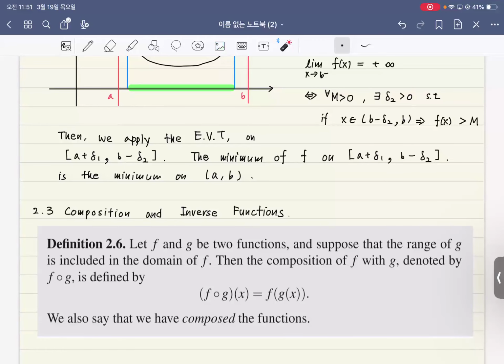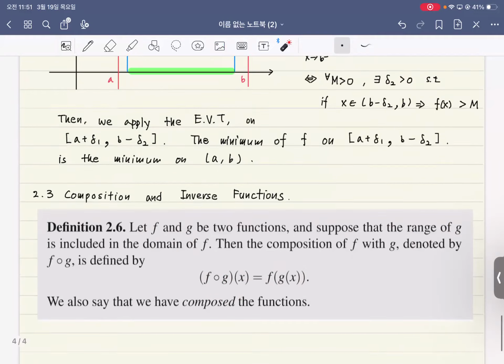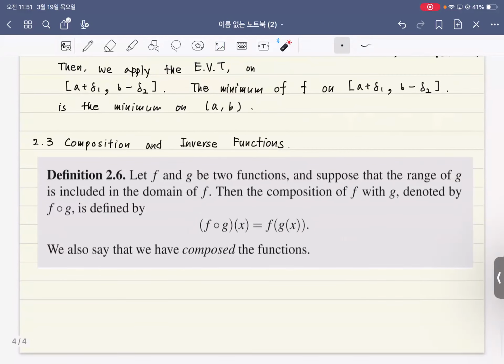I have two functions, f and g, and suppose that the range of g is included in the domain of f. Then we can compose these two functions, and the composition of two functions is defined like this. Okay, not a big deal.